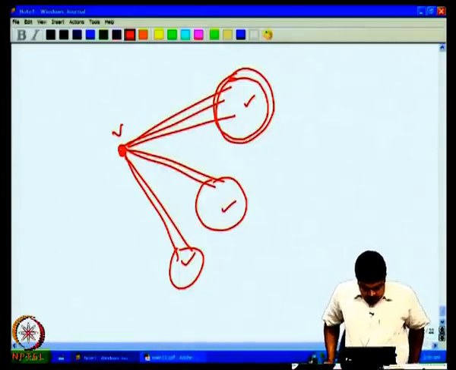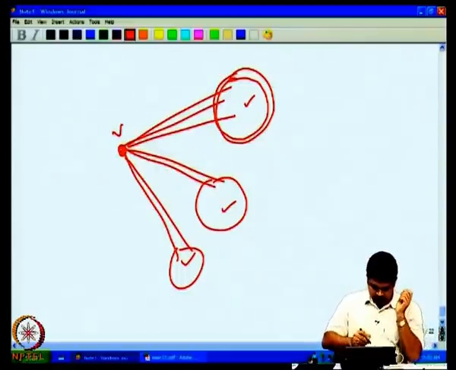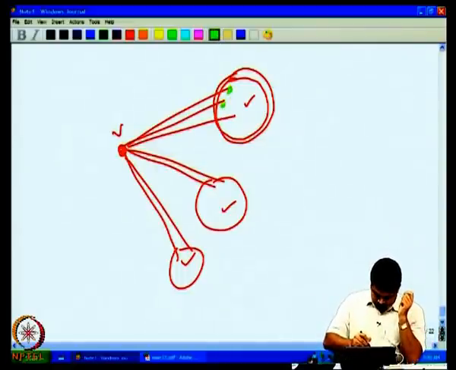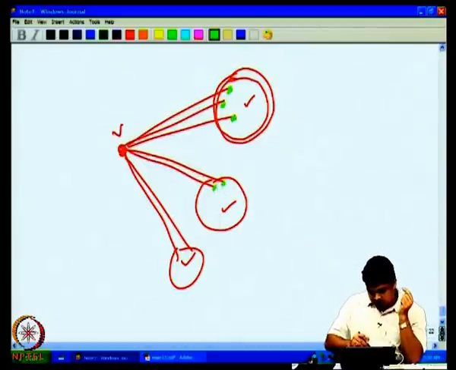But in that case, what we can do is, because these two are disconnected parts, if there is a green color here, I can try to change the color on this thing with a green color.